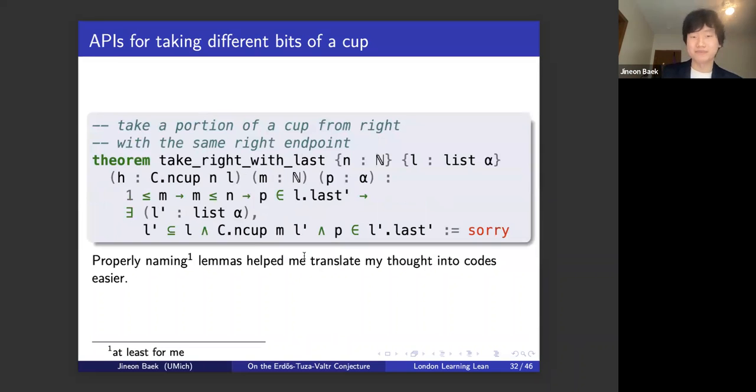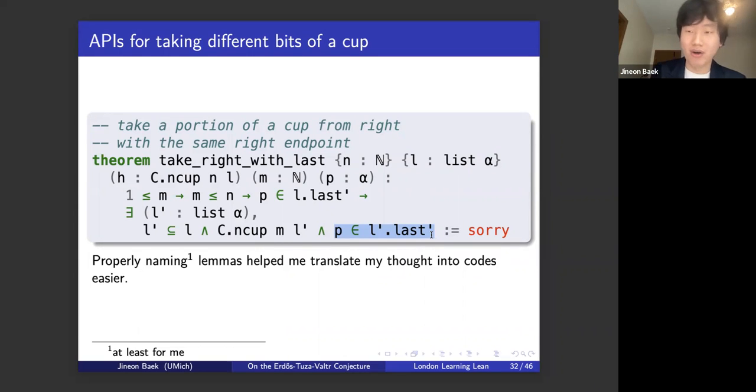This one, I take an n-cup and I try to take some portion of it from the right. So if m is some number that is smaller than n, then I can take an m-cup by taking m points on the right. And it's going to not only give us an m-cup, its right endpoint is the same as the one we had in the beginning.